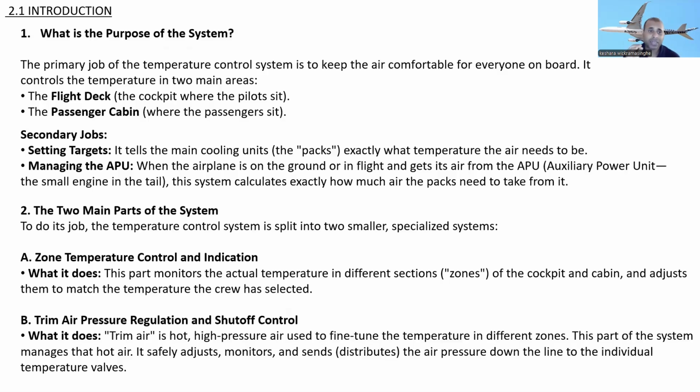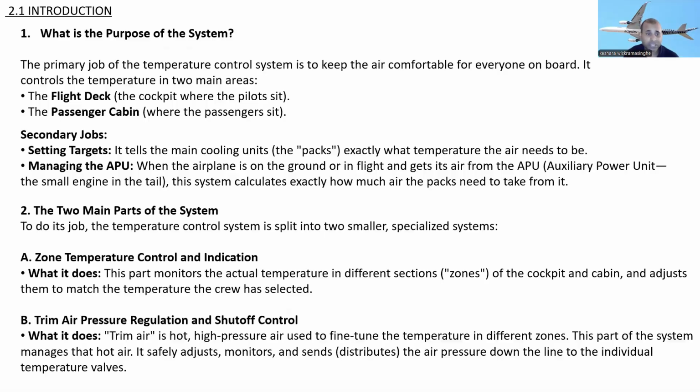And the second one, trim air pressure regulation and shut-off control. What does it do? Trim air is hot, high pressure air used to fine tune the temperature in different zones.